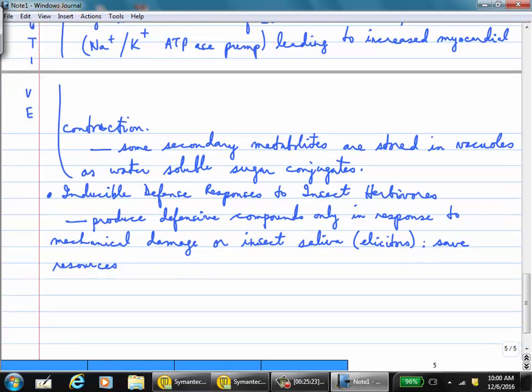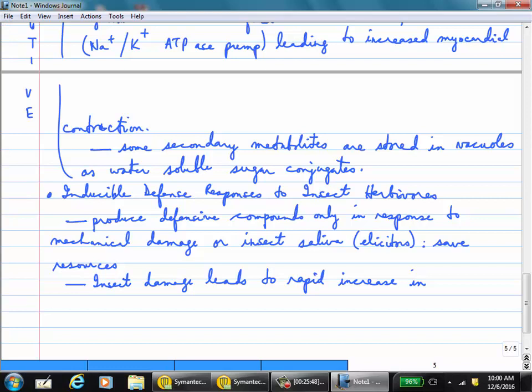Now, how does that happen? Well, insect damage, and again, there will be signaling. So insect damage leads to rapid increase in jasmonic acid. So there's a jasmonic acid synthesis pathway that has to be activated, and the level of jasmonic acid is going to go up.